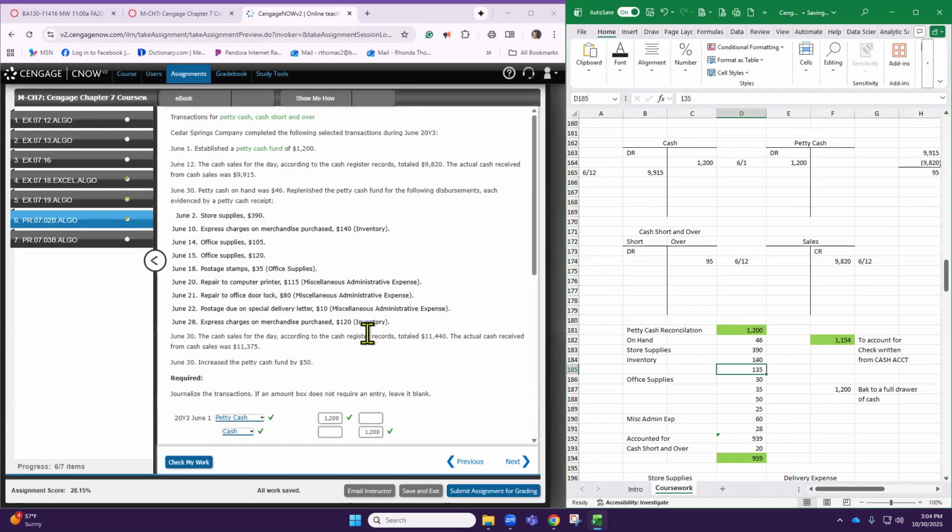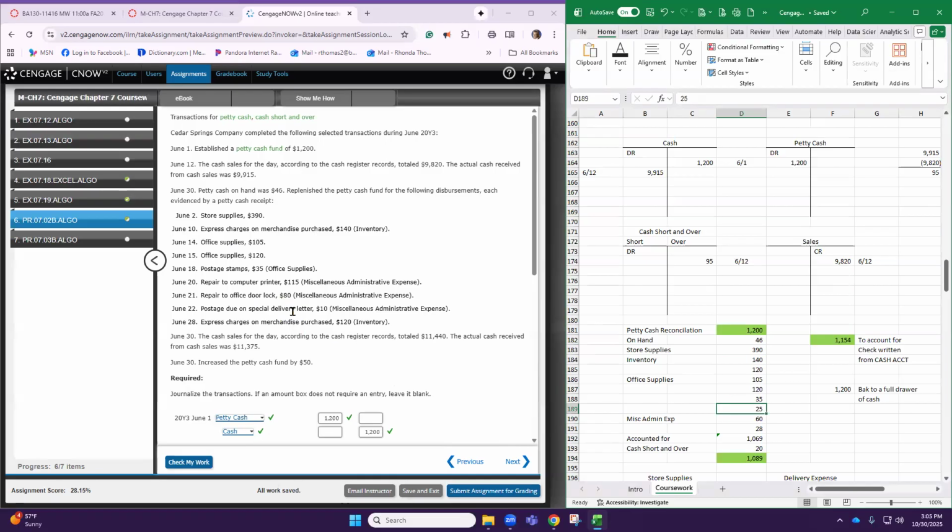And then we have another amount. There it is, June 28th. Express charges on the merchandise purchased. So that's going to be $120. So you have two amounts that go in inventory. Then you have office supplies. Be careful, it's 105, 120, 35 for stamps.